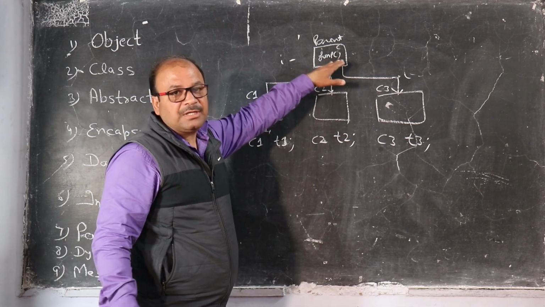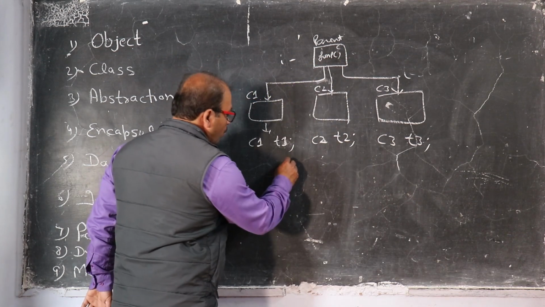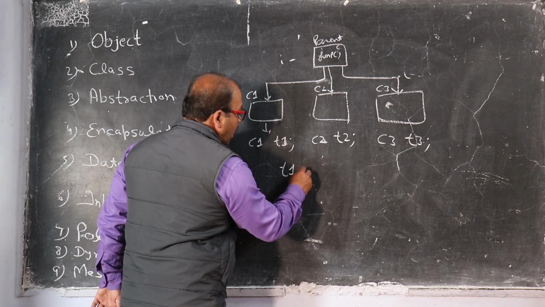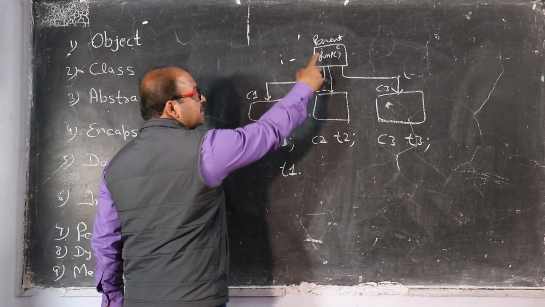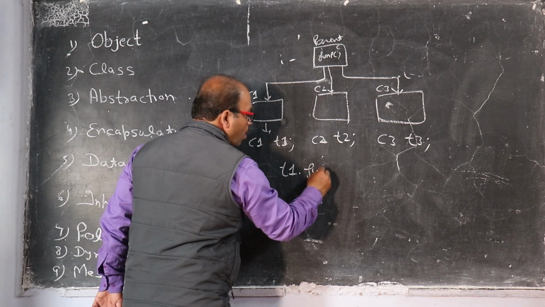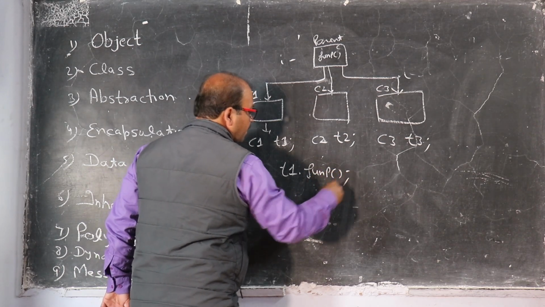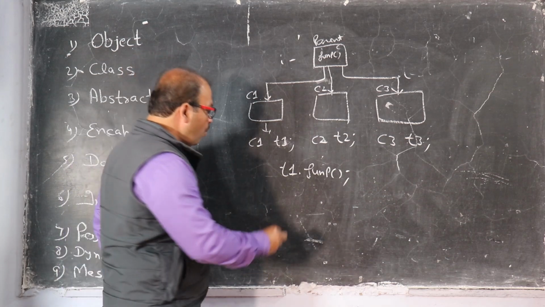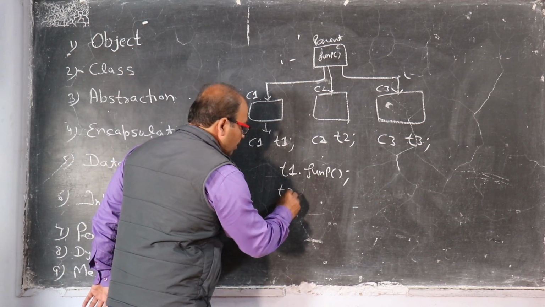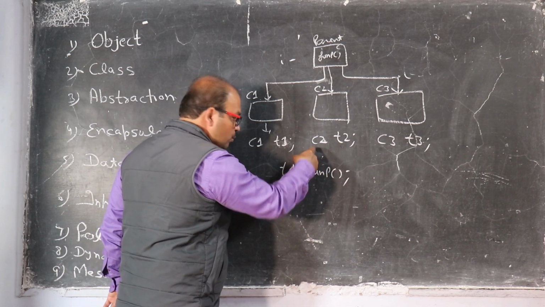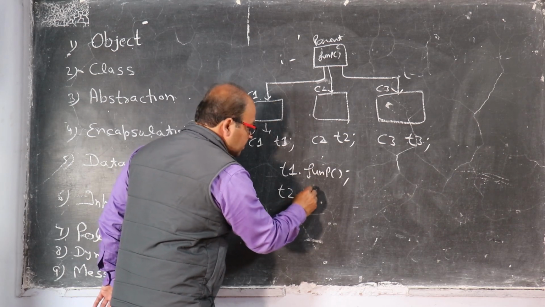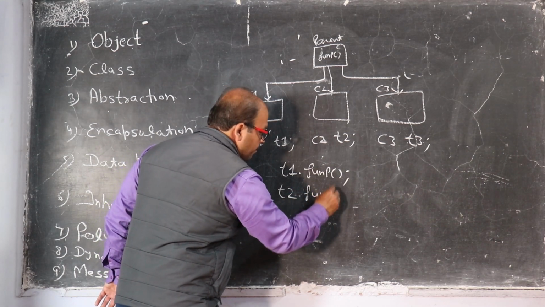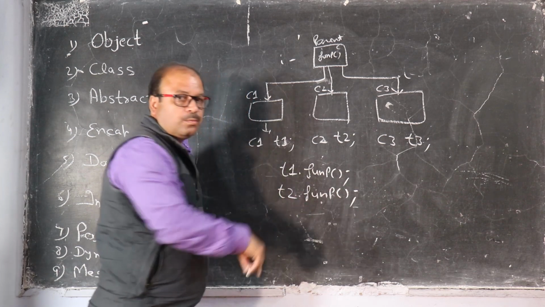I have function P. Now, I can access this function P through the object of class C1, or T2 is the object of class C2, so I am accessing the same function P through T2.